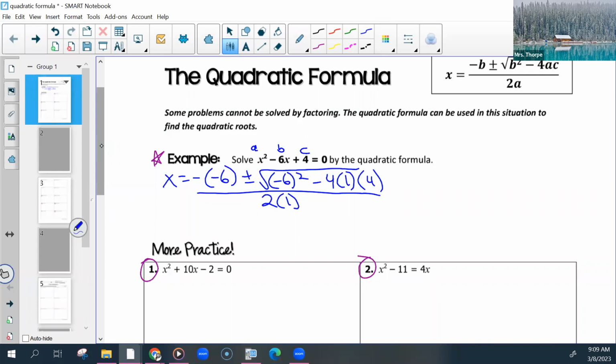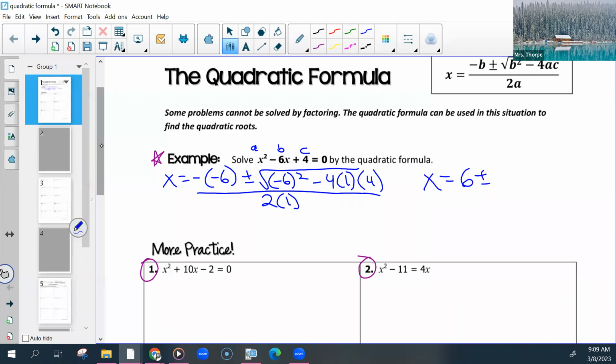So once we have all of that written down, we just start to simplify. At first, we're going to do each thing step by step, and then once we get more comfortable, we'll be able to skip some steps. At each step, you need to have x because it is an equation. This will become a positive 6.